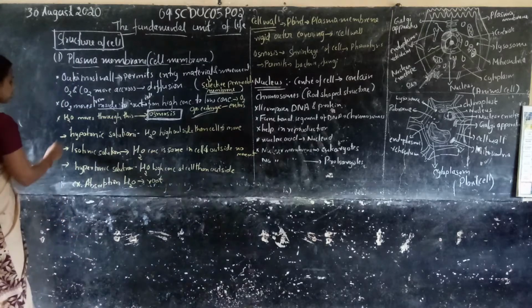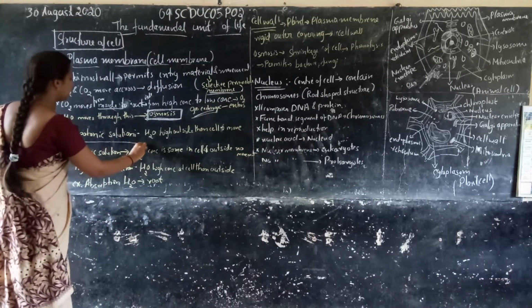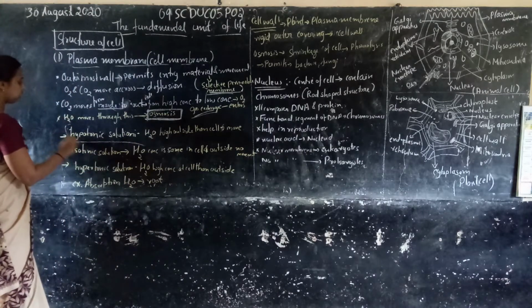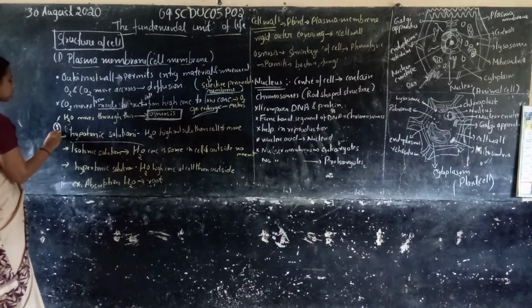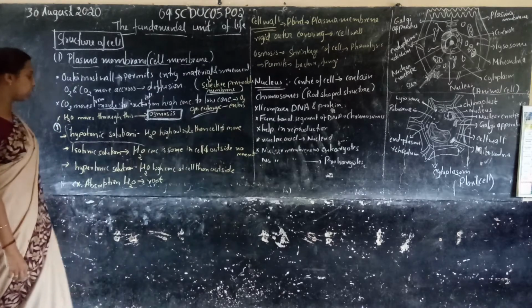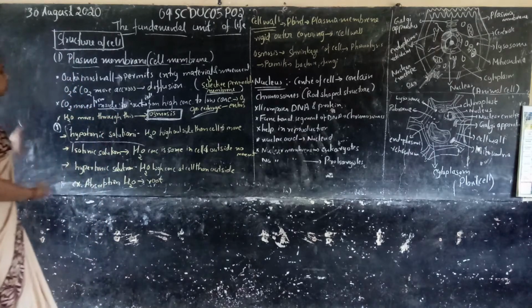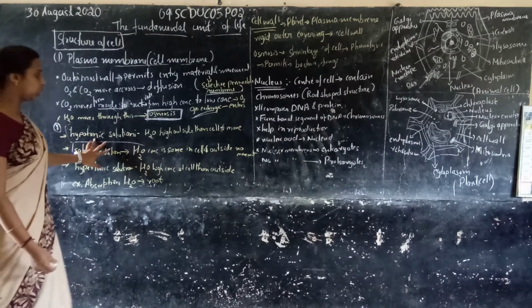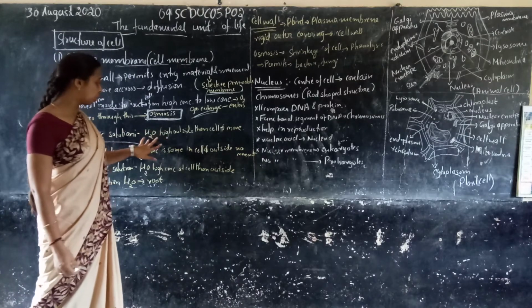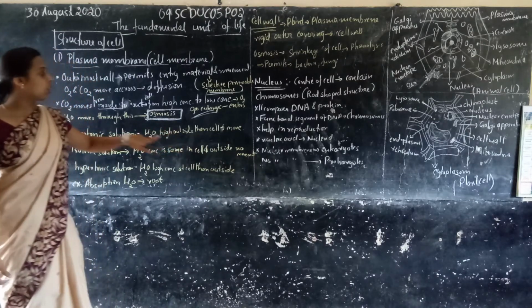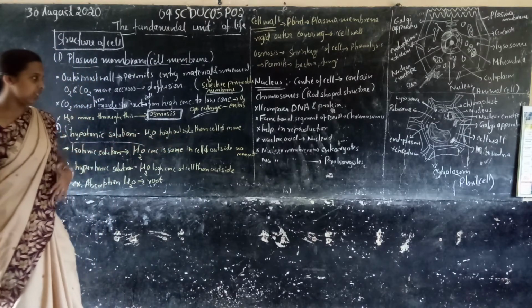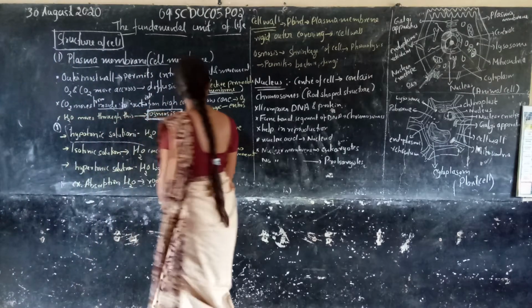The first one is a hypotonic solution. What is the meaning of hypotonic solution? The hypotonic solution means the water molecules are at a higher concentration outside the cell than inside the cell.